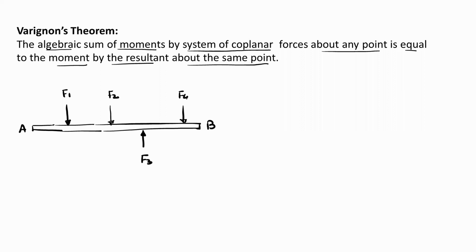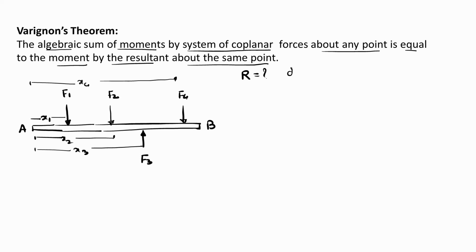So the beam AB consists of four forces, F1 to F4, and the distance of each force is x1, then x2, x3 and x4 with respect to a point. The question is, we have to find the resultant and the distance of the resultant with respect to point A.